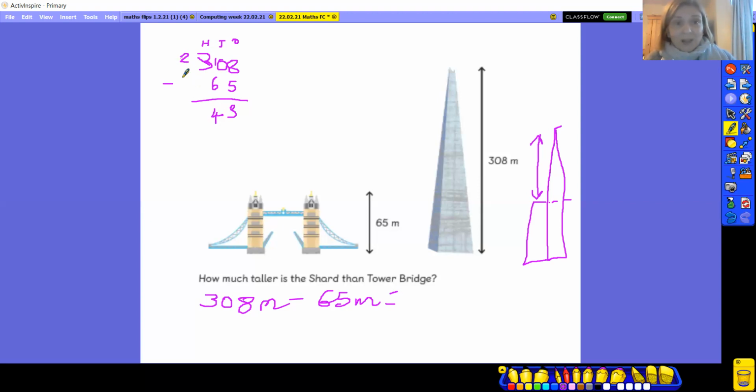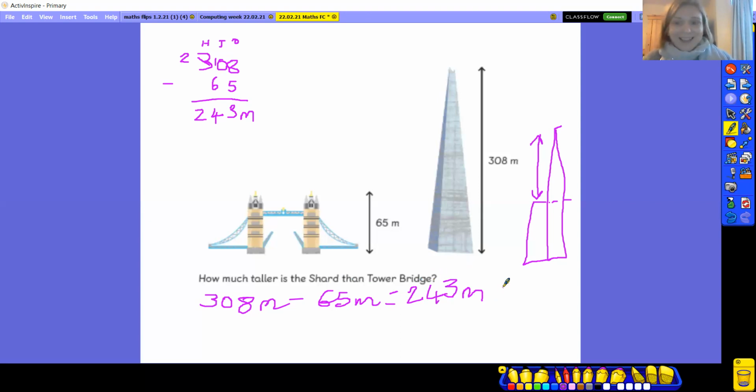That's right. Now I've got 200, subtract 0, so that's 200. So 243 meters. So the Shard is 243 meters taller than Tower Bridge.